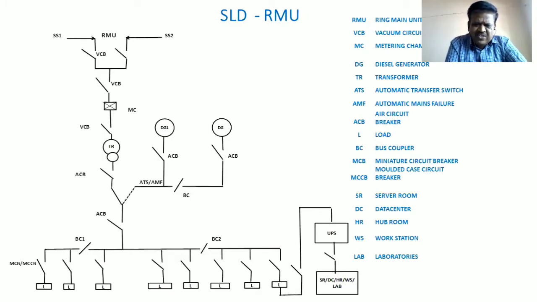If you are able to understand and read the single line diagram, what equipment or device is connected and where, and what the specifications of all these things are, then you will know about 60 to 70% of the work of that building and you can manage it. For the remaining 30%, you have to go and see the locations of those devices where they have been erected, fixed and commissioned, and also their operations.